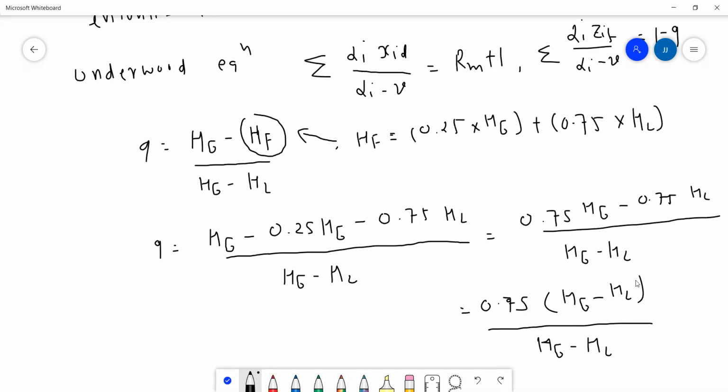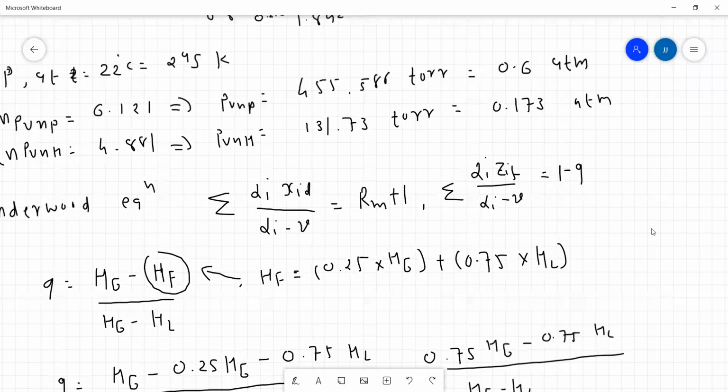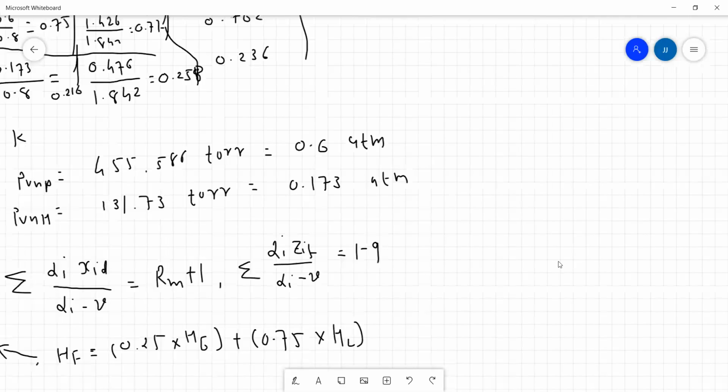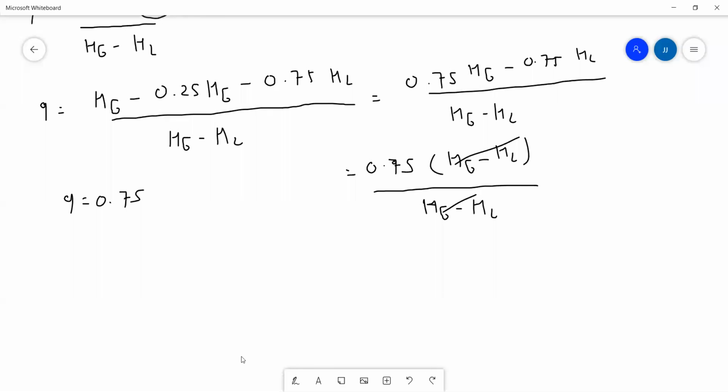So this Hg minus HL will get cancelled out, and we will get q equal to 0.75. So you substitute this in the Underwood equation.